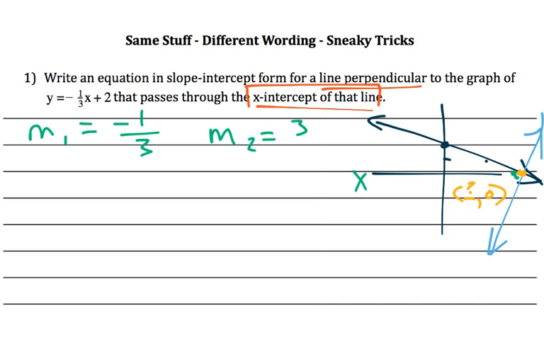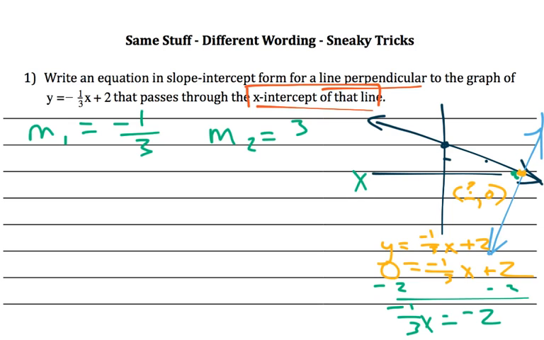Because I'm going to consider this side work, I'm going to rewrite the original equation, and where we see the value of y, we substitute a 0 and write negative 1/3 x plus 2. As I solve this, I'll subtract 2 from both sides, which gives me negative 1/3 x equals negative 2. Then I will multiply by negative 3.